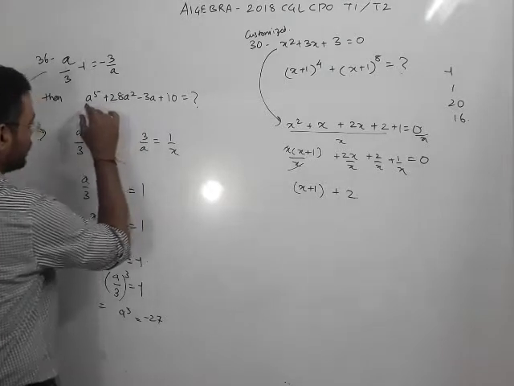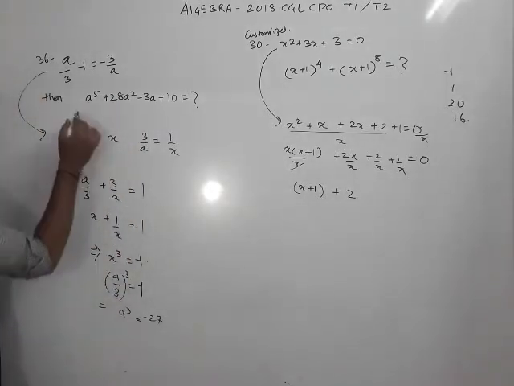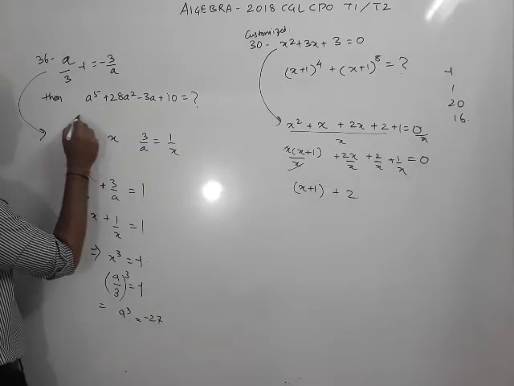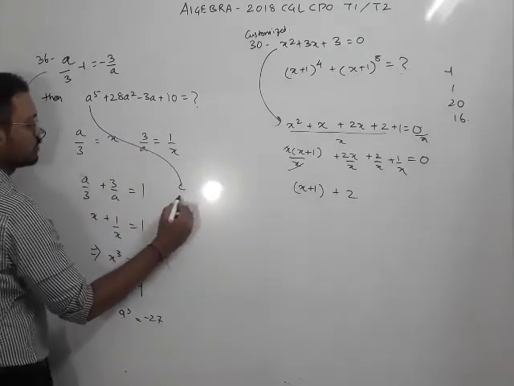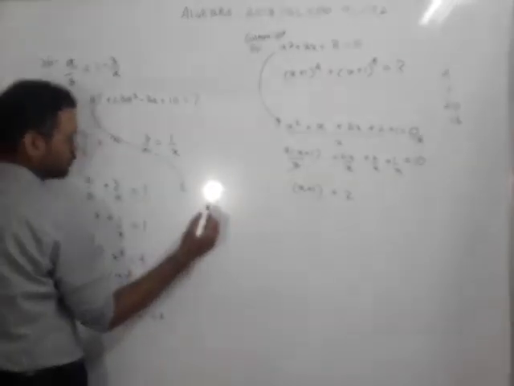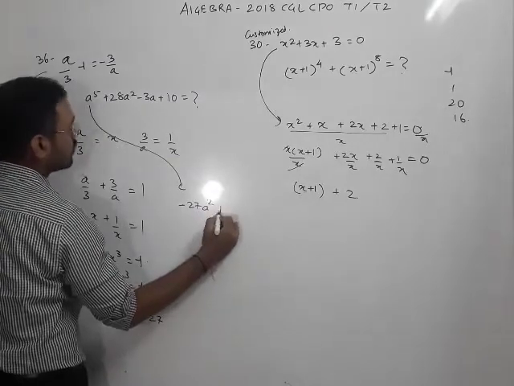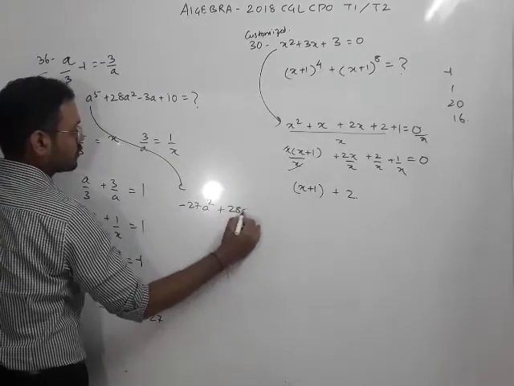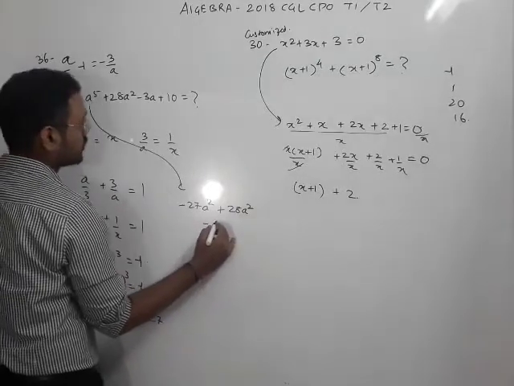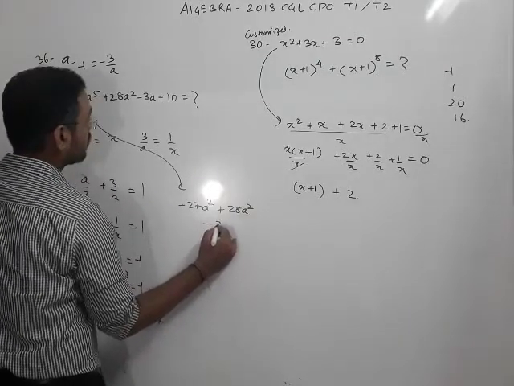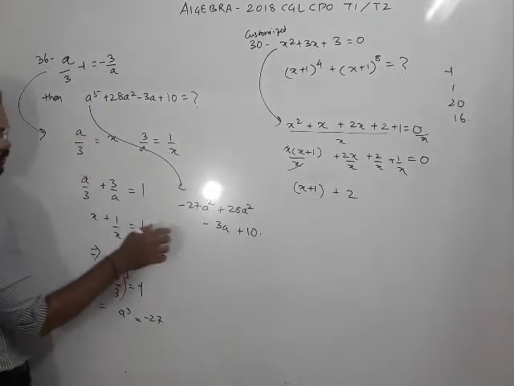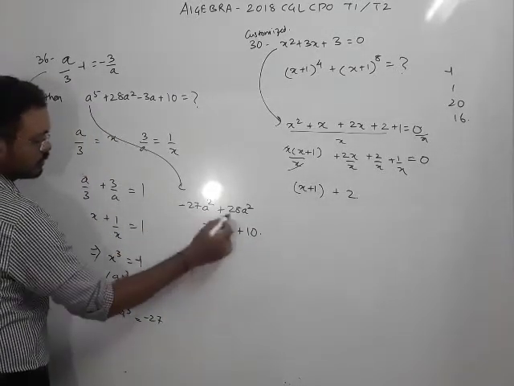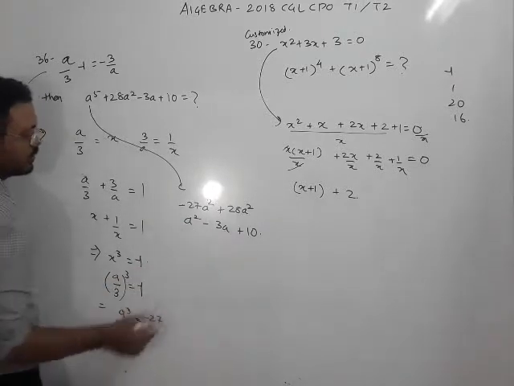Now see what is asked. If you substitute this value here, a raised to 5 will become a cube into a square, which will be minus 27 a square, plus 28 a square minus 3a plus 10, which becomes a square minus 3a plus 10.